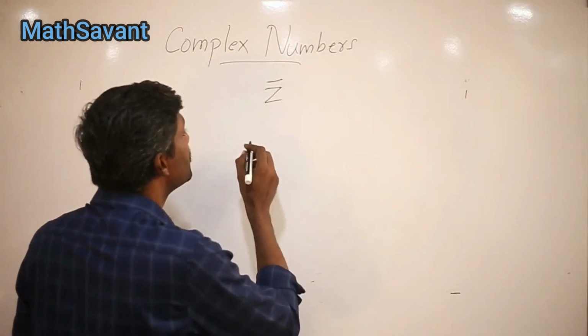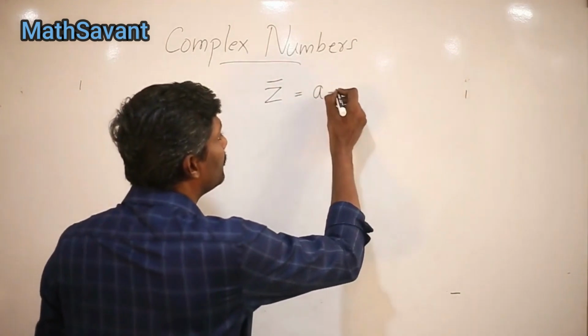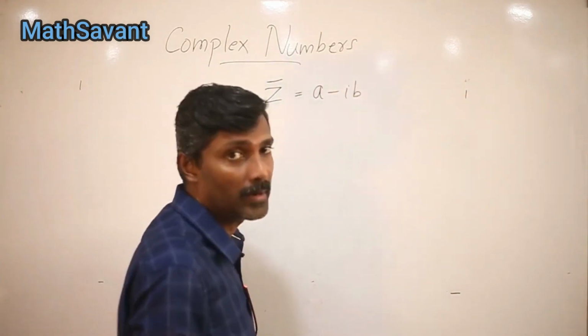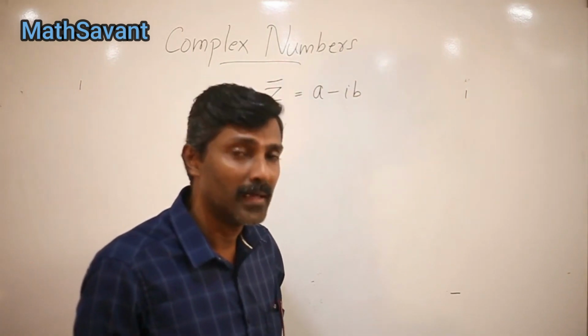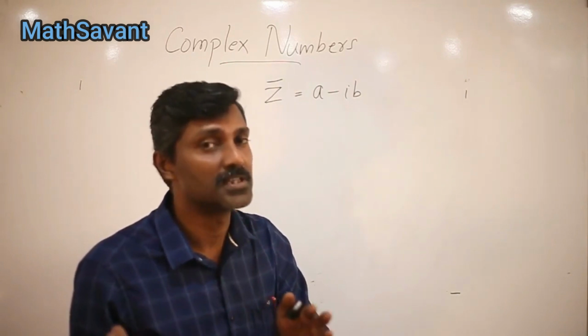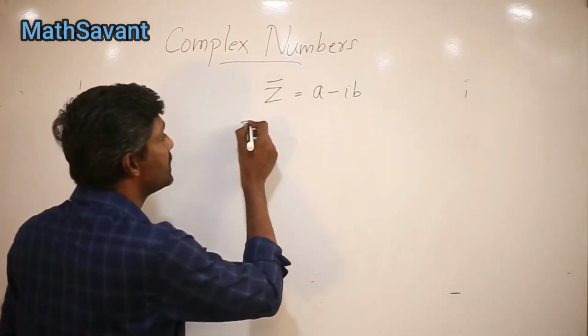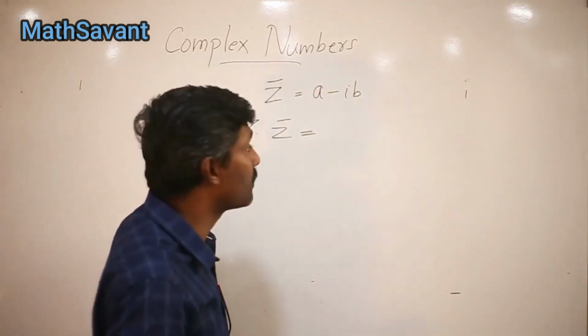So if z is equal to a plus ib, then z bar is a minus ib, right? Now let's find out what do we get when we multiply a complex number z and its conjugate z bar. Okay, so z into z bar, this is what we are trying to find out.